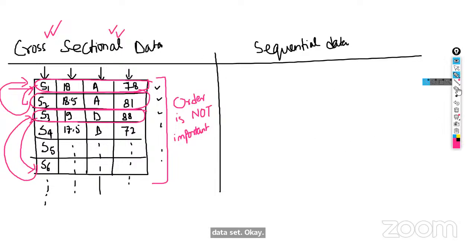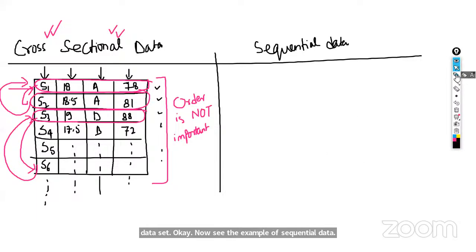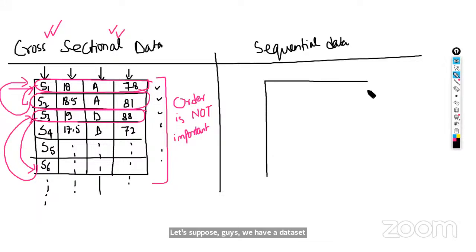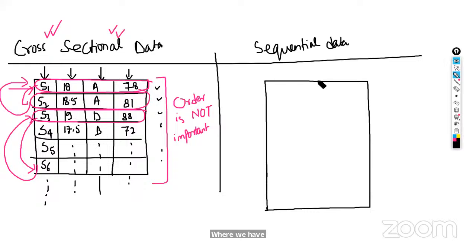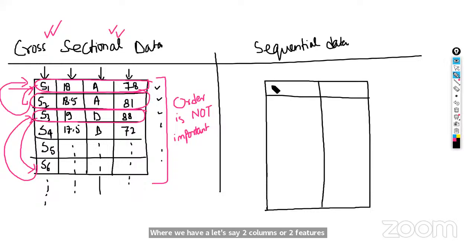Now see the example of sequential data. Let's suppose we have a data set with two columns or two features. Here we have month, and here we have sales. That means we have monthly sales for a particular product.